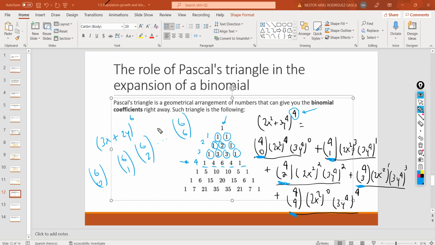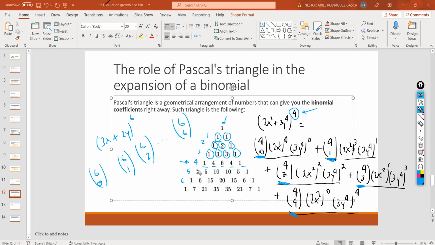So you have 7 of them. You have to go to the 6th row, which is 1, 2, 3, 4, 5, 6. You have to construct all these rows. And this row comprised of these numbers 1, 6, 15, 20, 15, 6, and 1. Those are going to be the binomial coefficients that will appear in here.